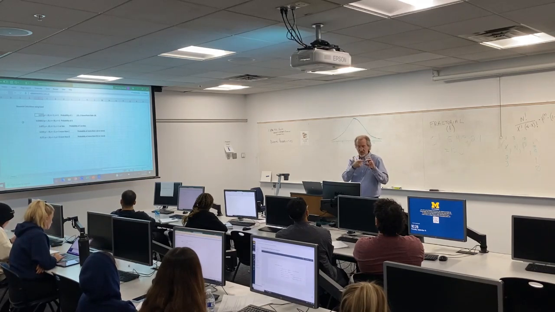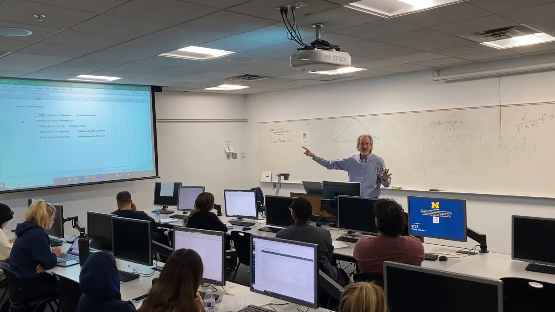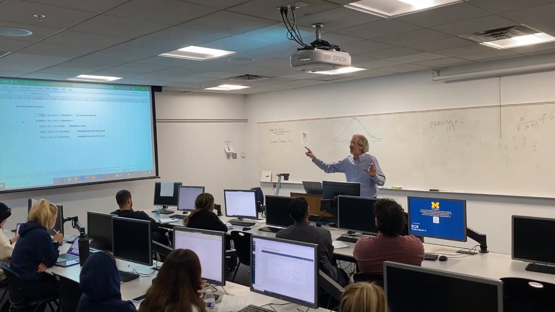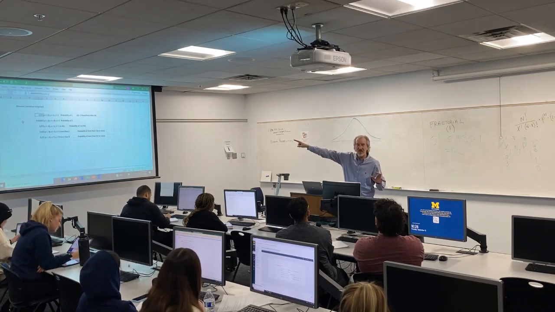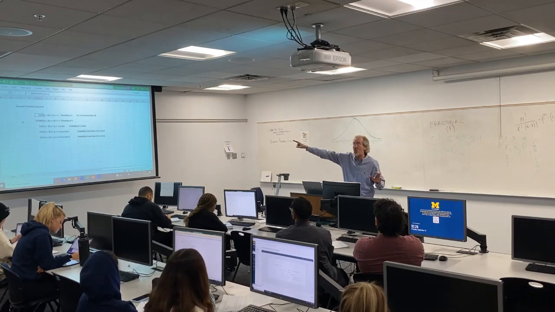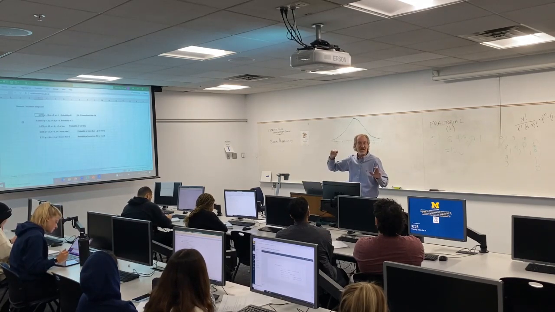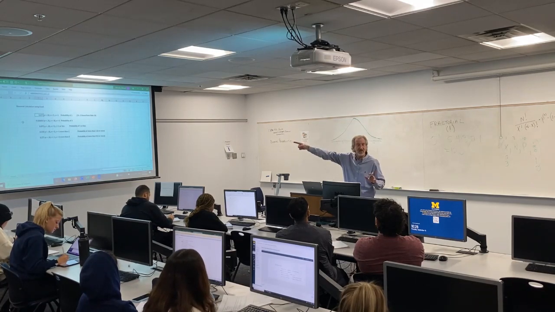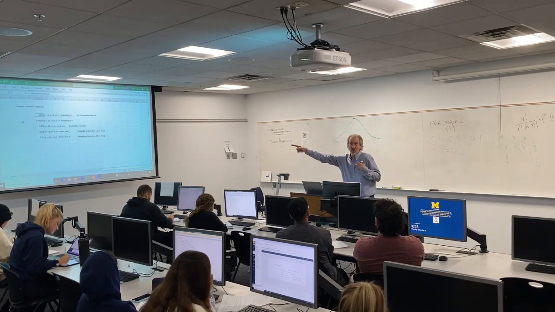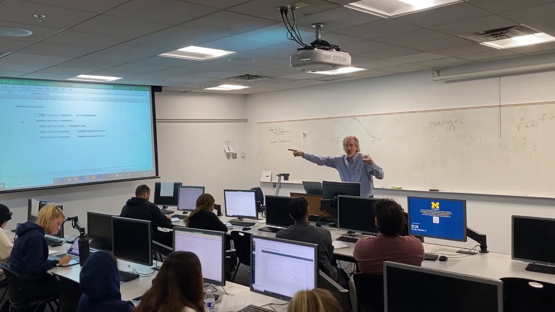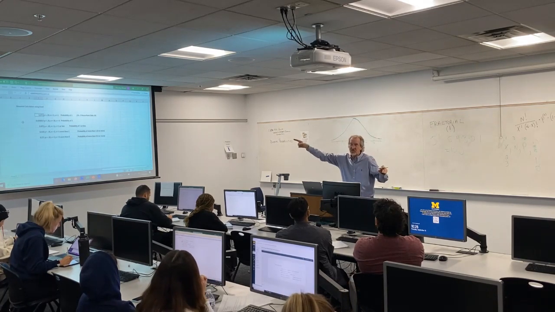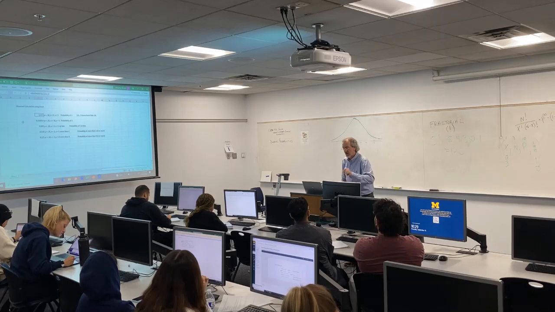If I said more than 3, you put a 3. But with binomial, this is very touchy. If I said more than 1, you're putting a 1 there, because the opposite of more than 1 would be 1 or less. But if I said 1 or more, putting a 1 there wouldn't be the opposite. The opposite would be 0 or less. So you'd have to put a 0 there. So now, here we go.